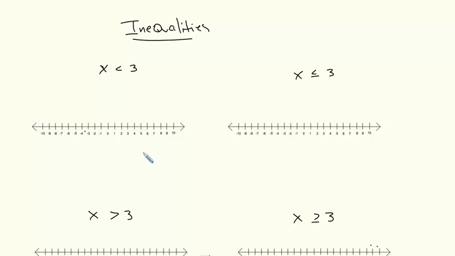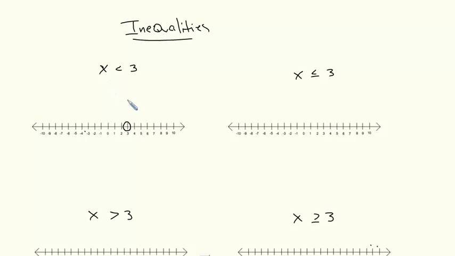Okay, so on this number line, I'm just going to represent all of the values that would make this inequality true. Okay, so if x is less than 3, I'm going to come over to my number line. I'm going to circle, that's -3. I'm going to go to +3, circle 3.